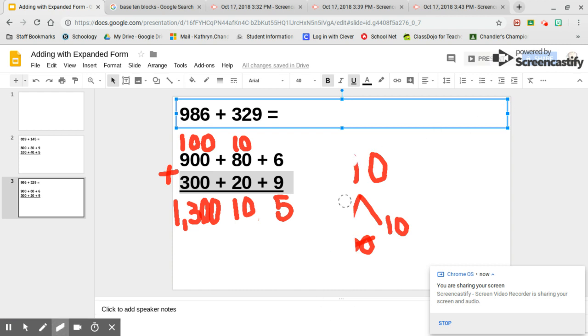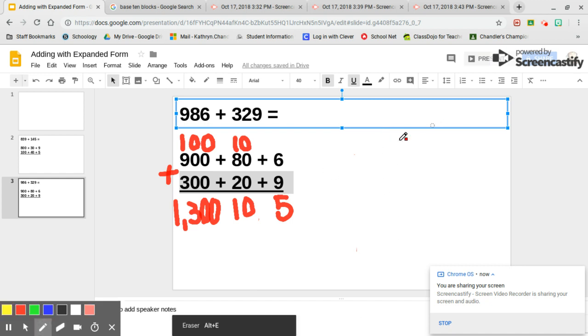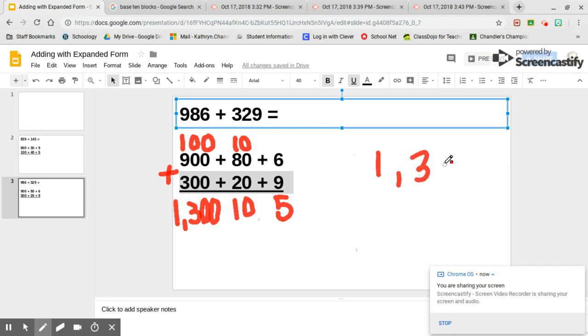So I'm going to erase this over here. I'm going to see how I can break down 1,300 so that everything is in the correct place value. I'm going to try to break away the thousands from the hundreds, just like over here I tried to break away the tens from the hundreds, and over here I tried to break away the tens from the ones.